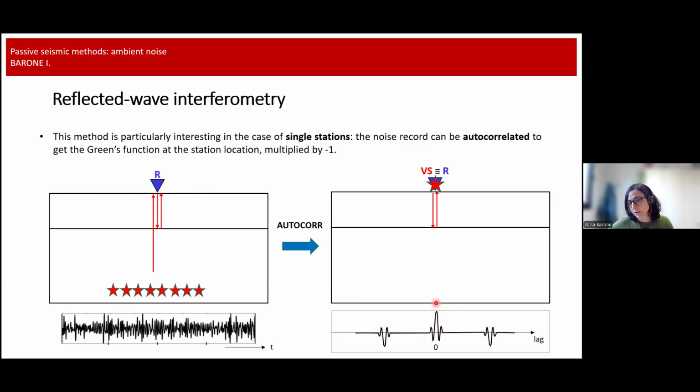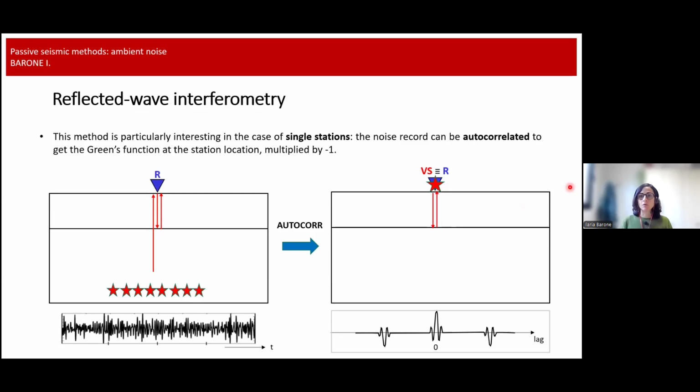We always have a maximum at 0 by definition of the autocorrelation, but we also have, in this case, a minimum at a certain time that corresponds to the time that the wave takes to go from the receiver to the reflector and back to the receiver. So it's like recording a signal in R that has been generated by a virtual source in the same location.